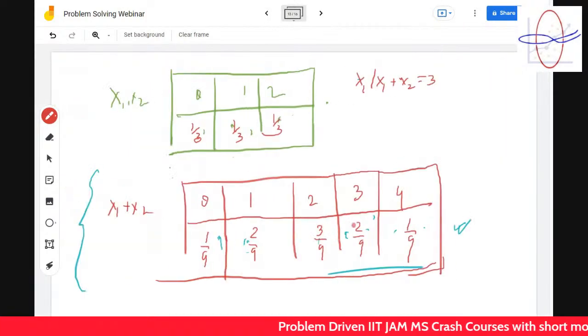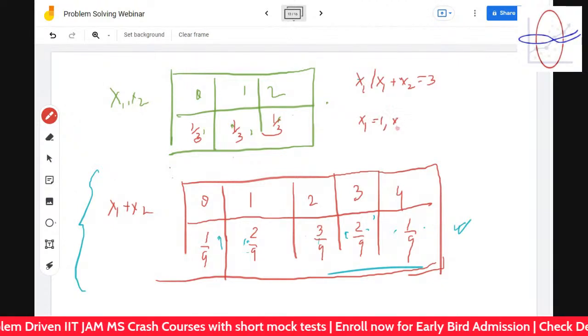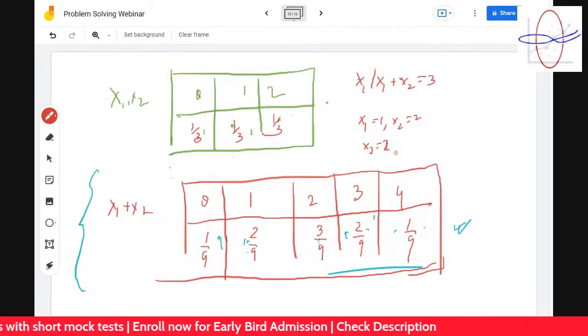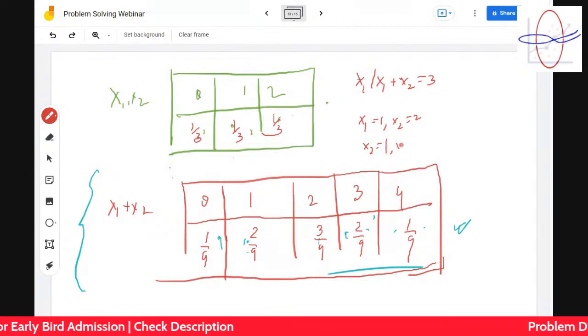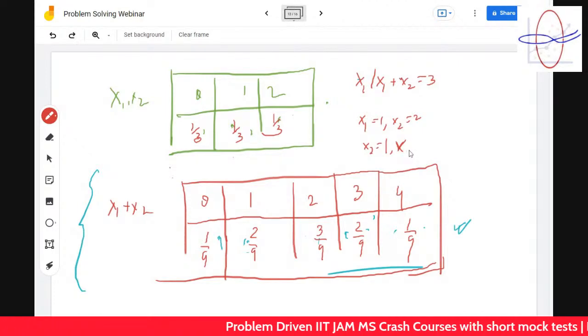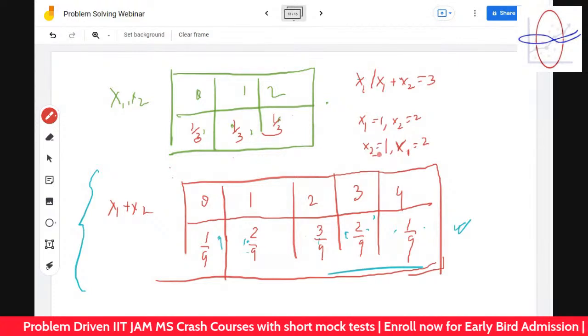So given x1 plus x2 is equal to 3, x1 can be what? 1, x2 can be 2, or x2 can be 1, and x1 can be 2, right?